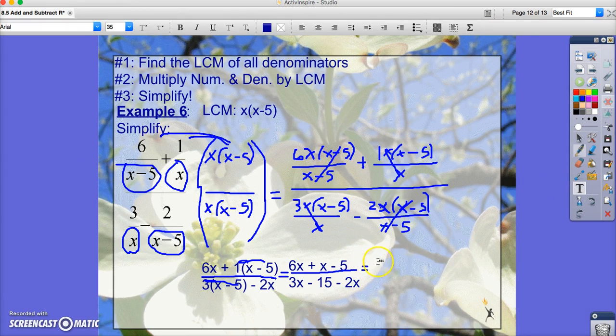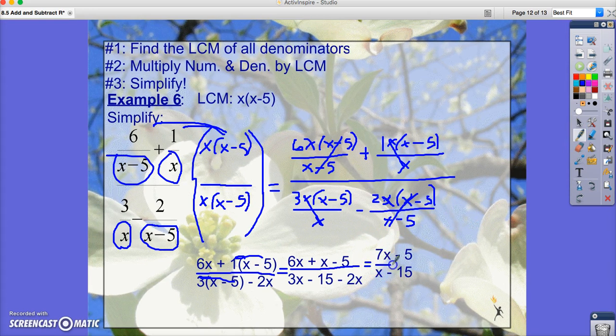And then finally, let's combine like terms. I get up top 7x minus 5 over x minus 15. And that is my final answer.